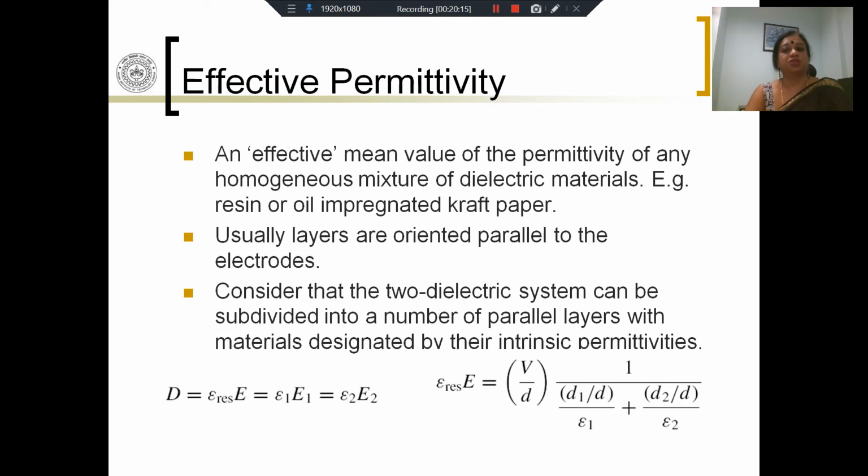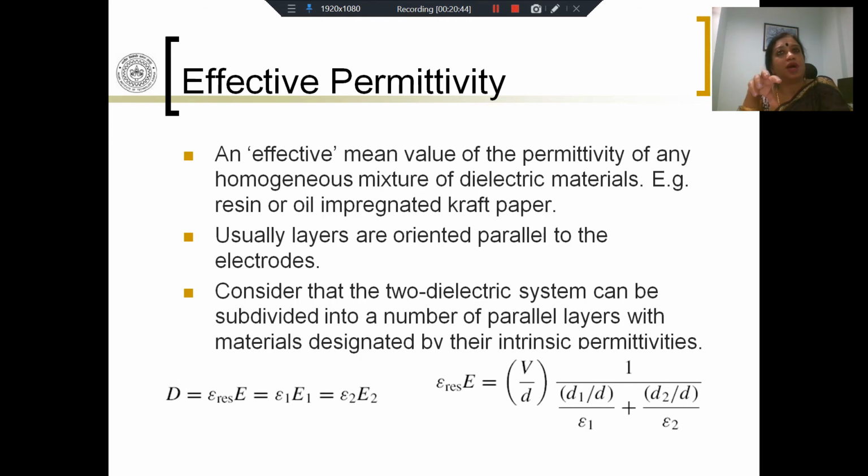But what you would like to do is treat that material as a homogeneous material with an equivalent permittivity. So here we talk about effective permittivity, the effective or mean value of the permittivity of any homogeneous mixture of dielectric materials. Let's say you have a composite which is more or less homogeneous, say epoxy with a 30% volume fraction of aluminium oxide, evenly dispersed throughout the material.